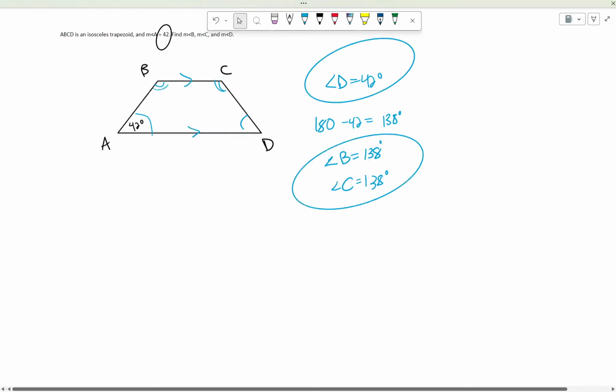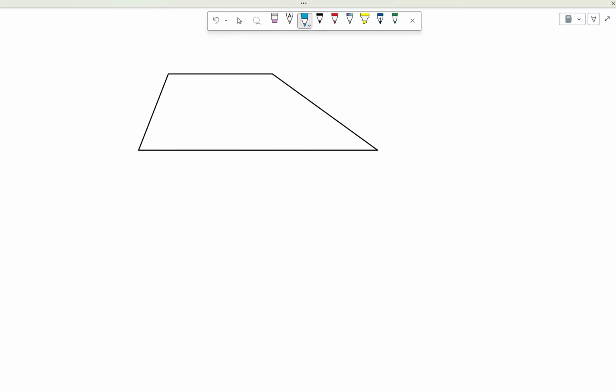Next. Here we have a trapezoid. This trapezoid is named ABCD. It is not isosceles.